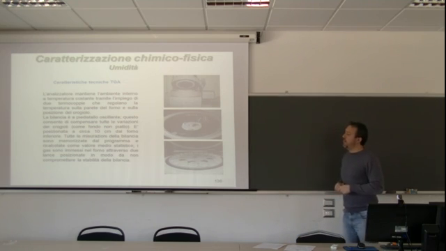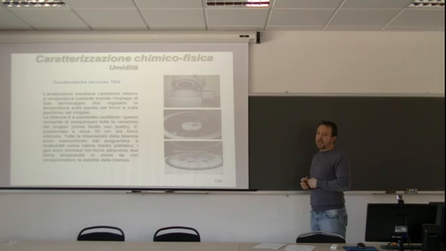The final step is at 300, 400 degrees centigrade with air, with oxygen, and so the combustion is complete, and you find only ashes at the end of the process. With the balance we can measure ashes content, volatile substances, and also fixed carbon.